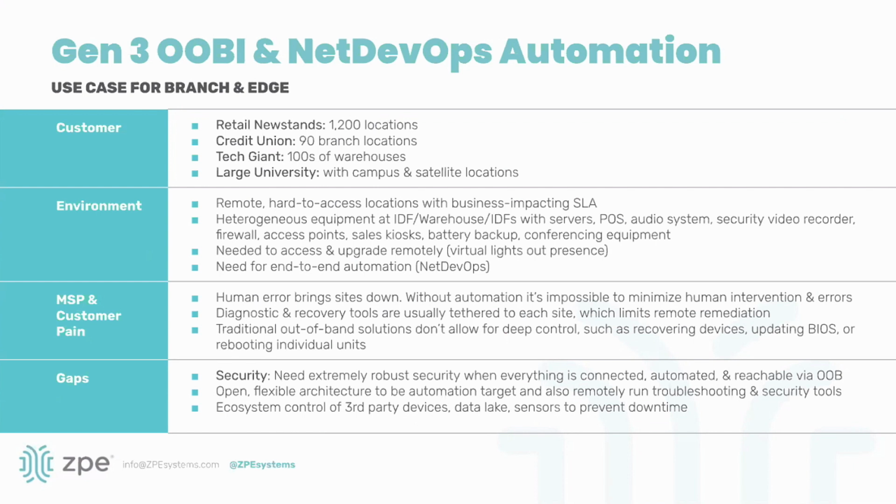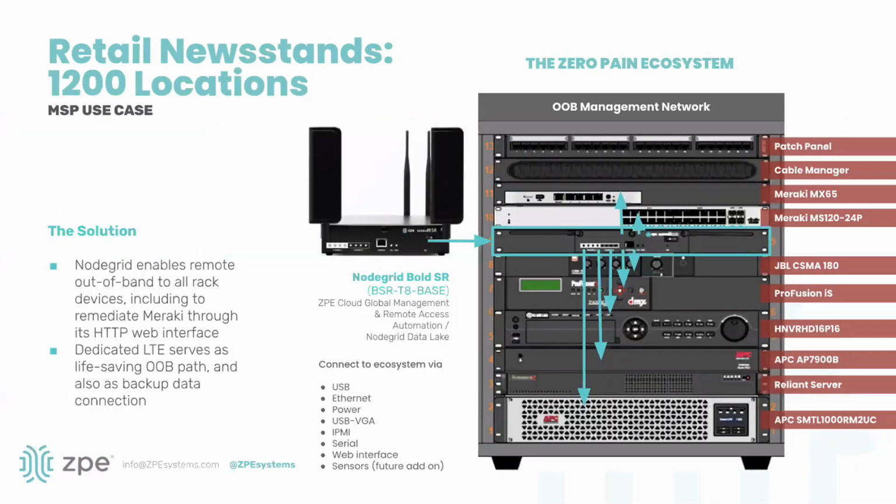The other aspect, obviously, is that all of this equipment is in a critical location. It's critical infrastructure. So the same theme that was true for the data center is also true at the branch edge. So first customer, retail newsstand. This is actually from the deployment diagram that I just grabbed for this slide.